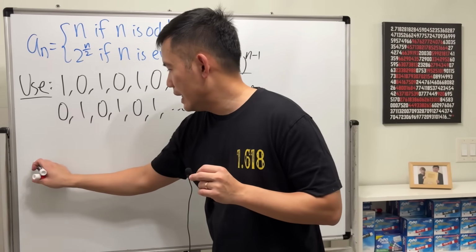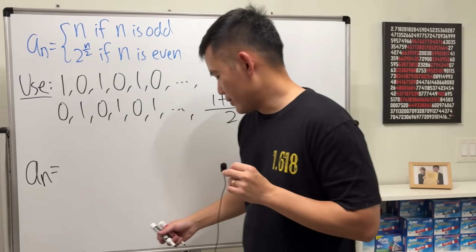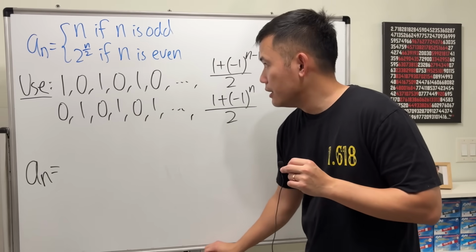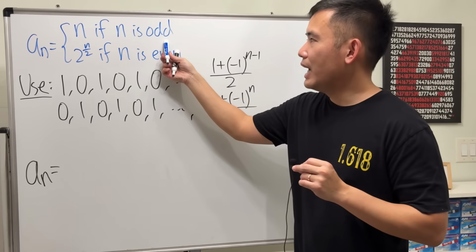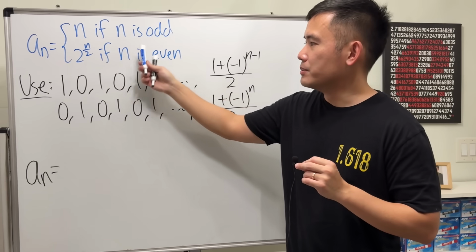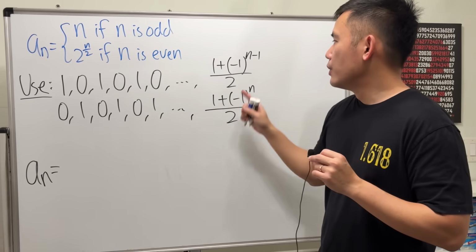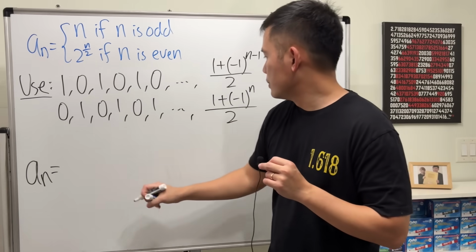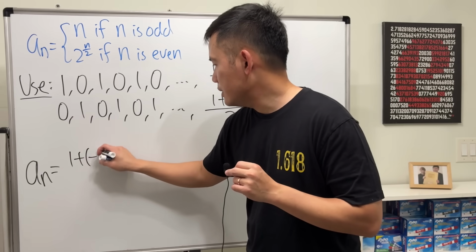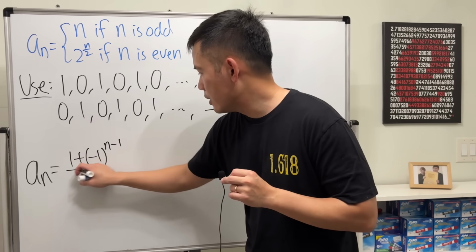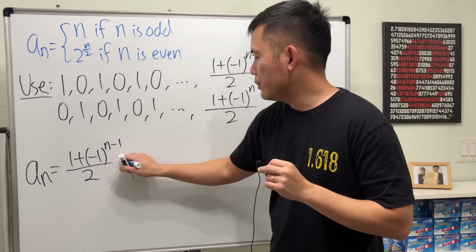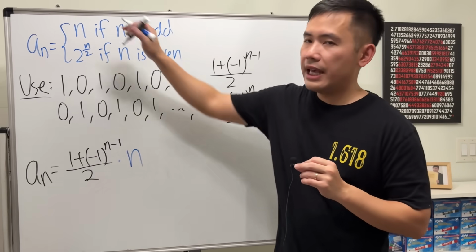Here we go. a_n is going to be the following. This is when we have the odd number terms, so we want 1, 1, 1 right here, right? So we'll take 1 plus negative 1 raised to the n minus 1 over 2, and we just multiply this by n.